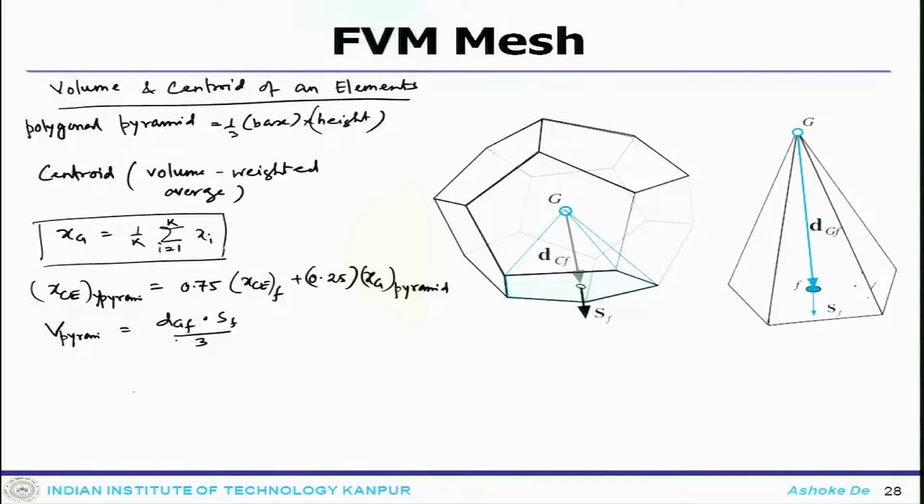So, this is how you get it. This is essentially the surface vector, from here this is the distance vector, and you get the volume of the pyramid.